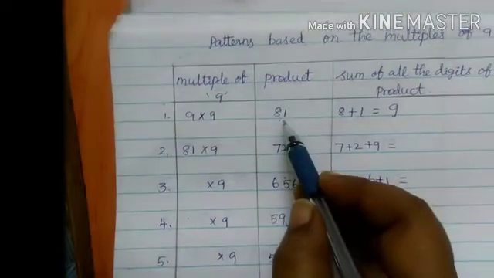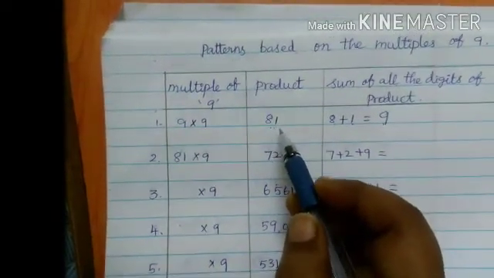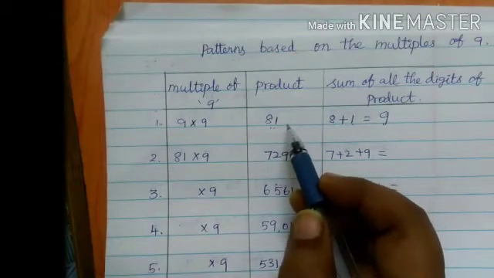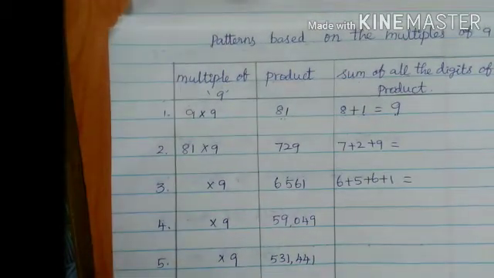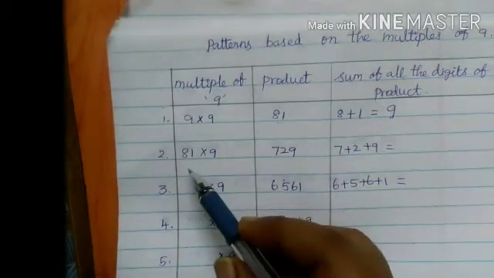So 81 is coming in the 9 table. That is the option to check whether each number is a multiple of 9. You apply this for the pattern here.